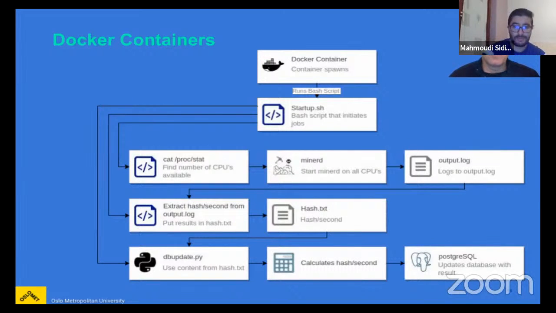Inside the Docker containers, we have several scripts. Obviously, we need to run the miner once it starts, and we need to calculate the hashes and update the databases with the results.